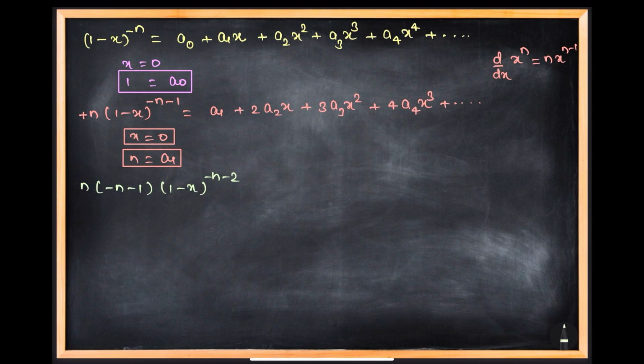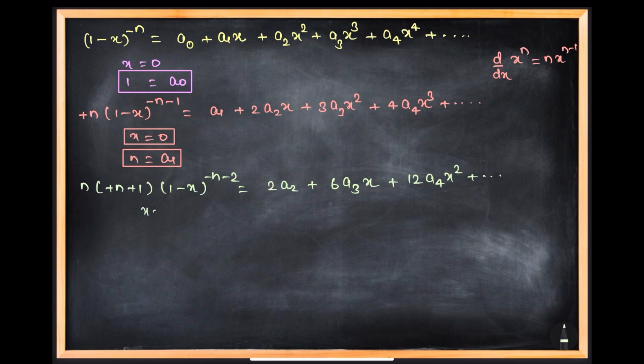Now differentiation of 1 will become 0 and differentiation of minus x will become minus 1, so this thing will become plus, and we will have 2 times a2 plus 6 times a3 x plus 12 times a4 x square. Yes, it may look boring, but now you will enjoy.